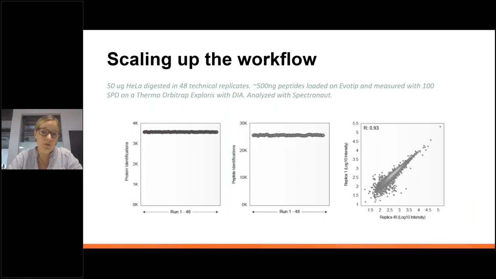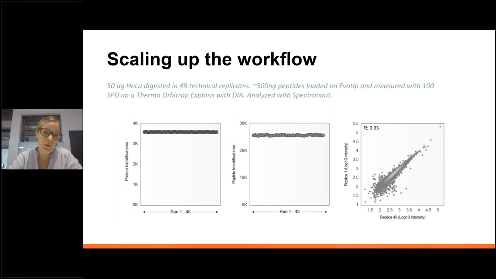So with this, we wanted to scale up the workflow and see if we could get reproducible results. So we measured 48 technical replicates, all digested on the Opentrons, with 50 microgram HeLa protein as input. We measured it with 100 samples per day in DIA mode, and we're quite pleased to see that the identifications are very similar.